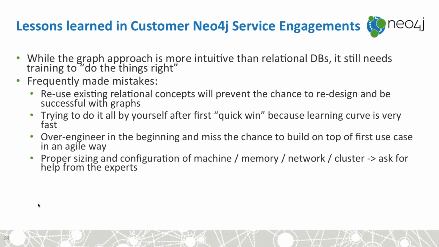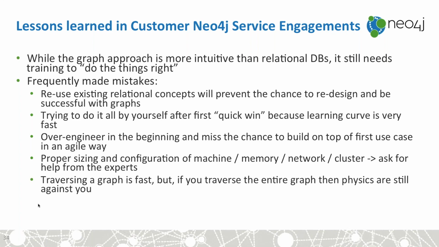Proper sizing of the graph and using the right configuration parameters is also needed. It is, of course, also good to use the experience of other and similar projects and to get this experience into your project without you reinventing the wheel in this case.